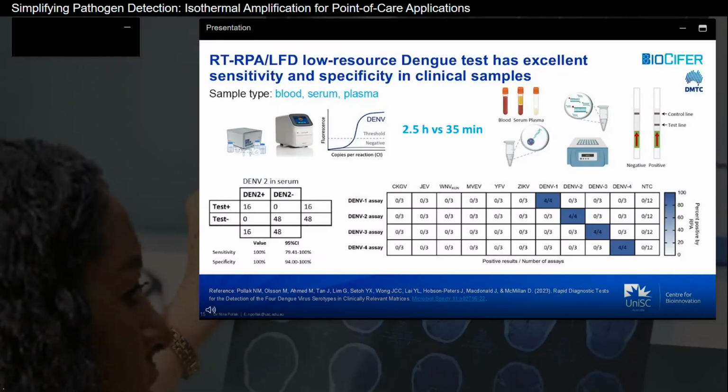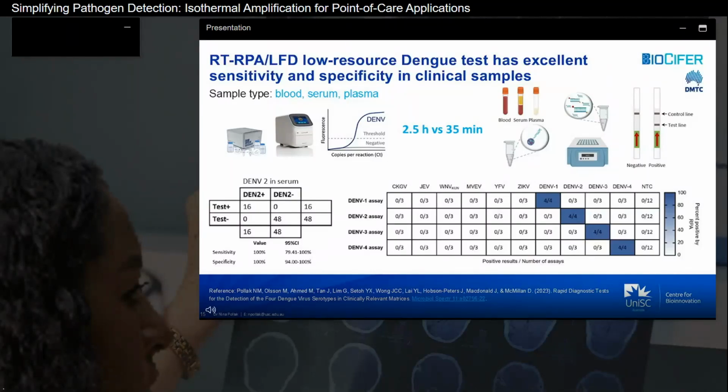We also evaluated the test specificity against other closely related or co-circulating viruses, such as chikungunya, Japanese encephalitis, West Nile, Murray Valley encephalitis, yellow fever, and Zika, as shown in the table.